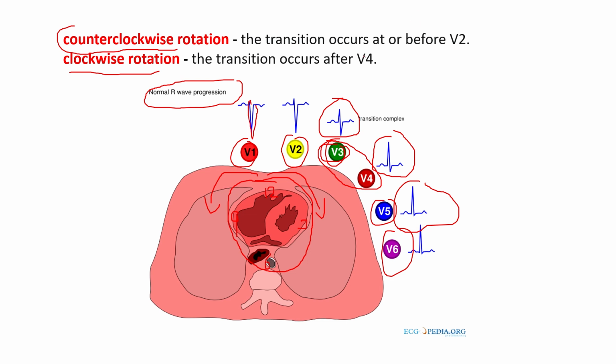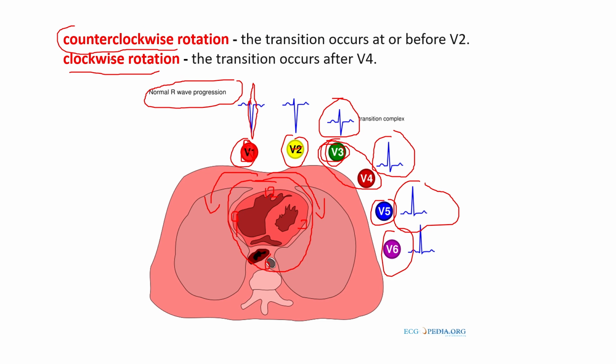Sometimes one of the criteria to recognize right ventricular hypertrophy is to see a big R wave in the first lead, I mean V1. So the transition zone might happen early, in V1 and V2. That's called counterclockwise rotation. So right ventricular hypertrophy can be one of the examples.